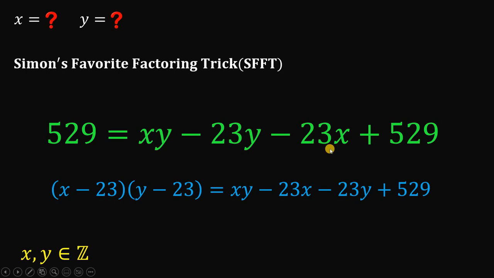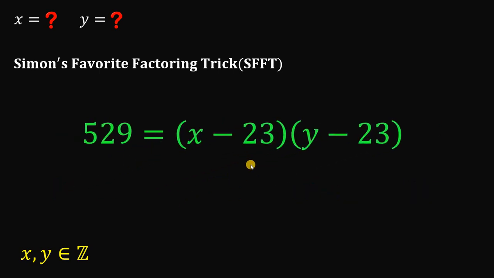And xy minus 23y minus 23x plus 529 is definitely equal to x minus 23 multiplied by y minus 23. Now, we're almost done. The left-hand side is equivalent to 529. And take note that we want the values of x and y to be integers. Therefore, we need to factor 529 using integers, of course.